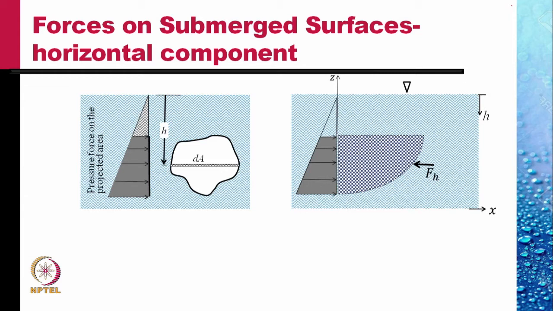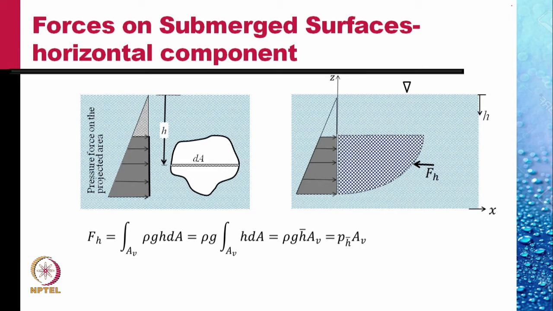The pressure on this area dA is rho gh, and the force is rho gh times dA. We can find the total force by integrating this over dA.